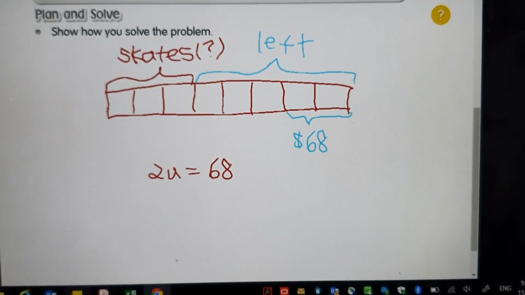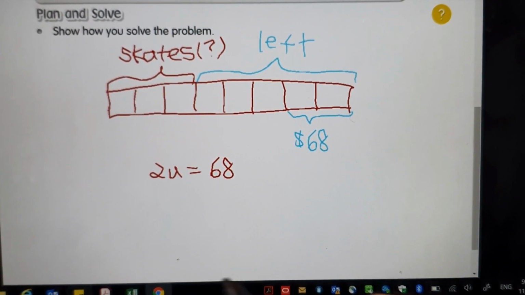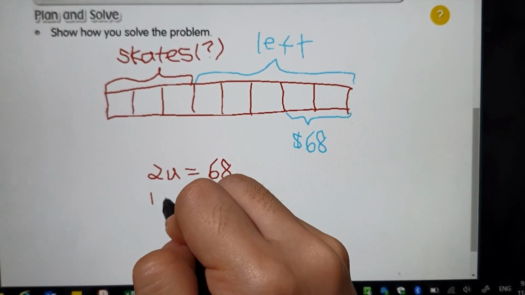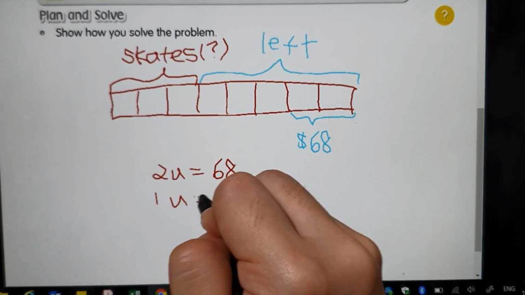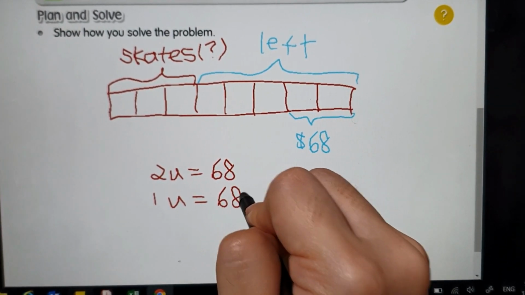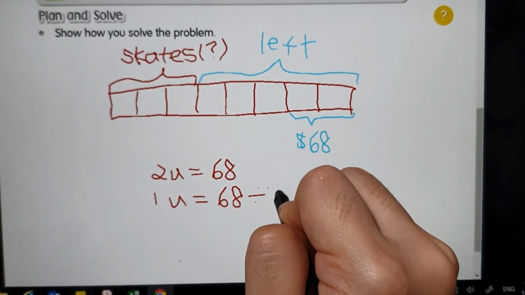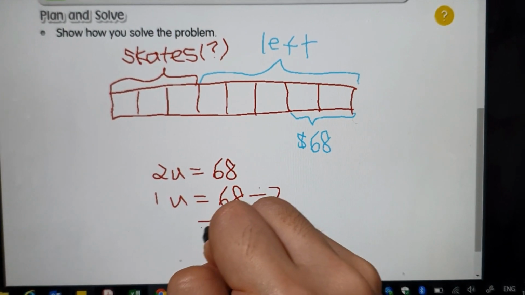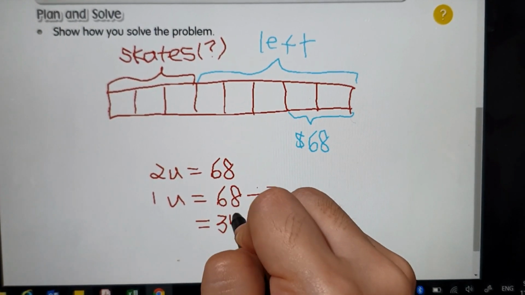So, since 2 units is 68, you can move on to find 1 unit, which is equal to 68 divided by 2, which will give you 34.